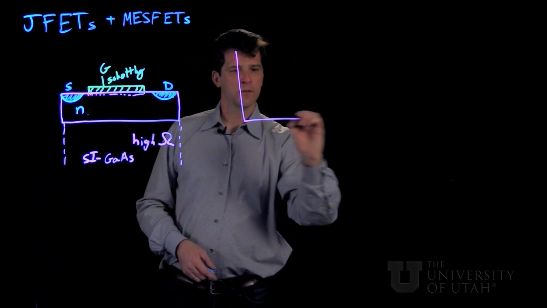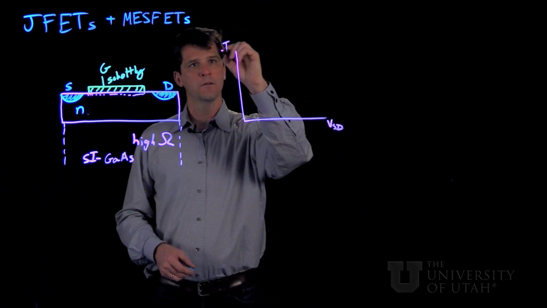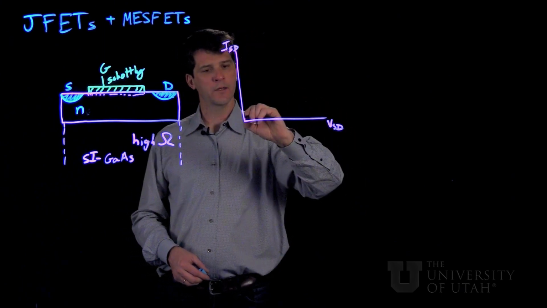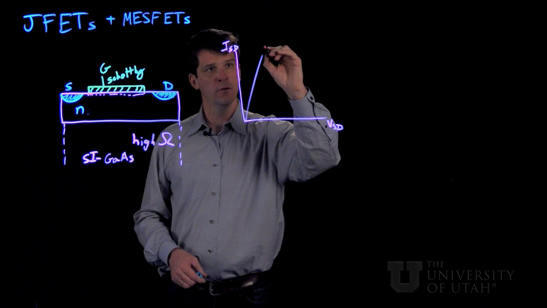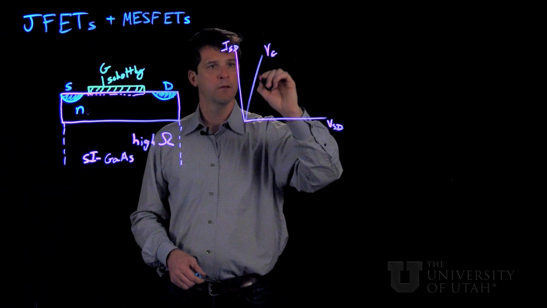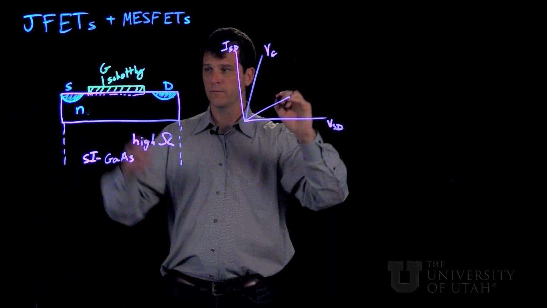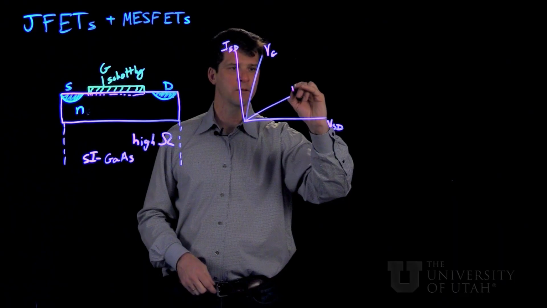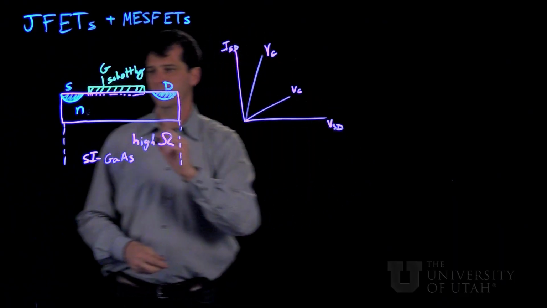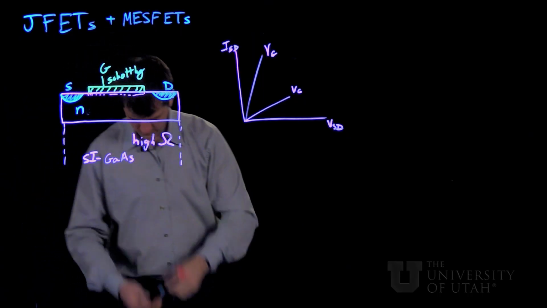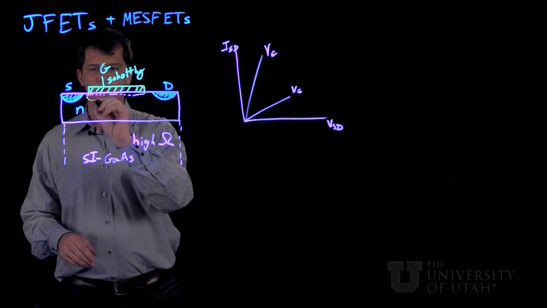So again, let's look at the V source drain, I source drain, and again at no or low V gate you get a lot of current, and then at large reverse bias V gate with respect to this depletion width, you start to pinch off that channel.